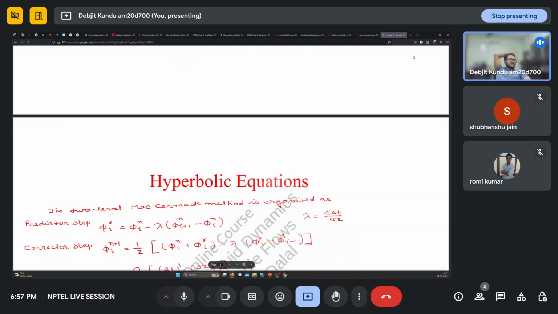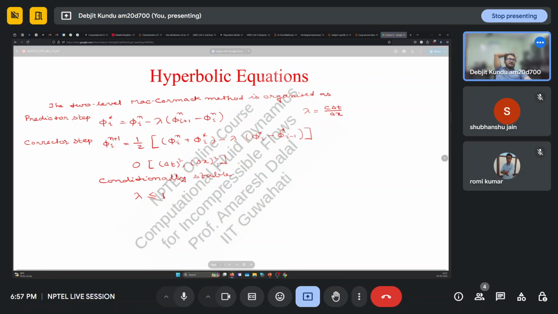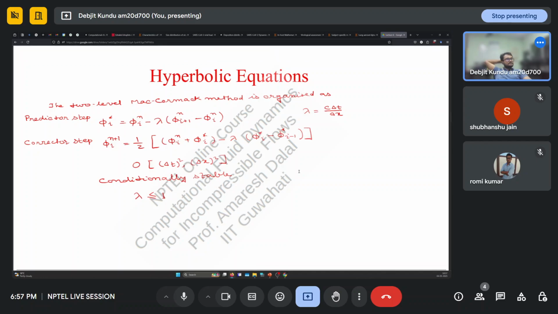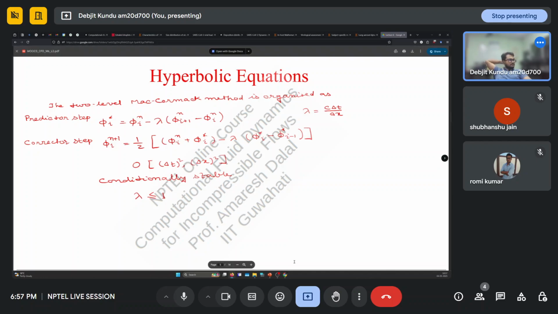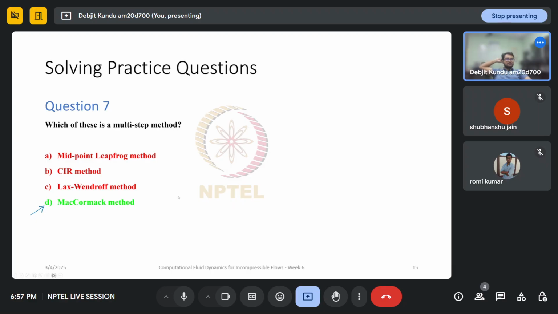And it turns out the order of this is second order in time and second order in space. So McCormack method is the only multi-step method where it breaks down each step into two steps.